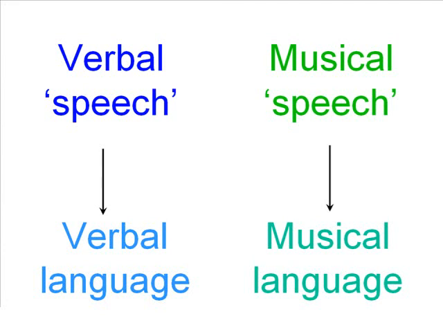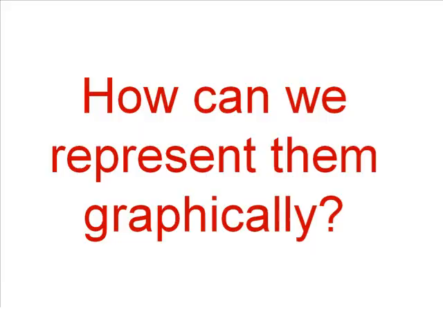It's important to immediately understand, comparing these two concepts, verbal language and musical language, how one was born, and by understanding how one was born, we'll understand how the other was born. So at one point in history, mankind faced the problem of graphically representing speech, both verbal and musical speech.